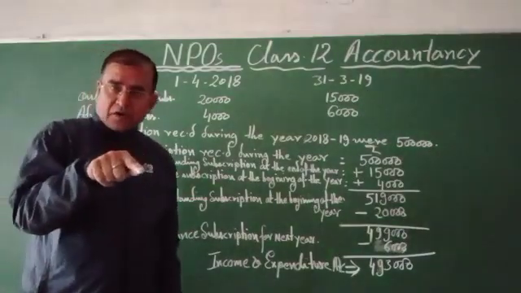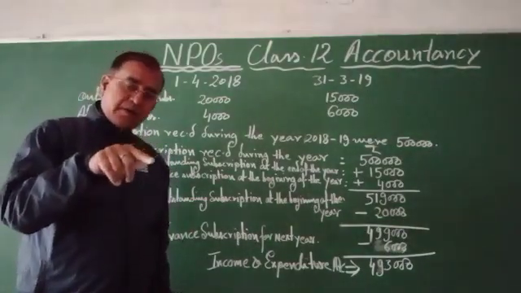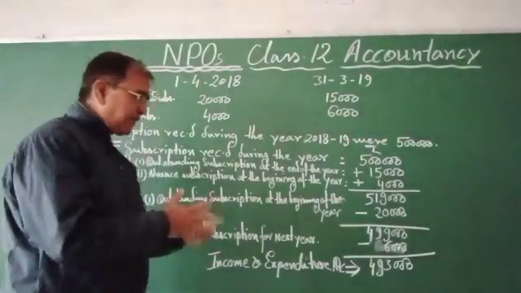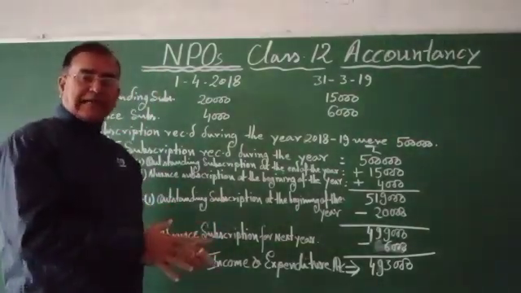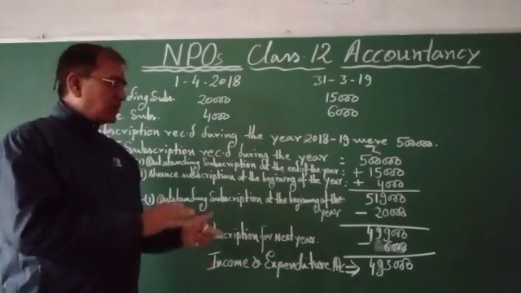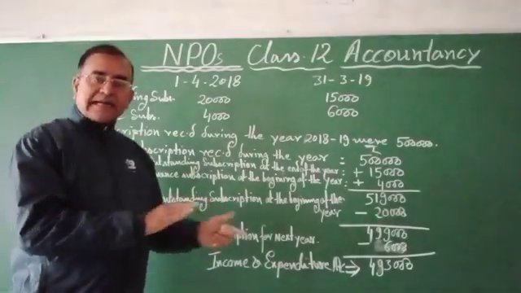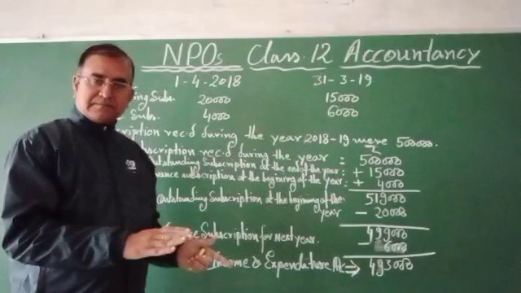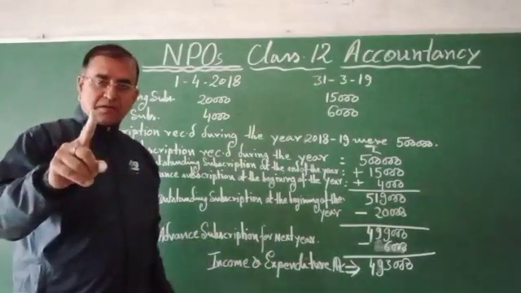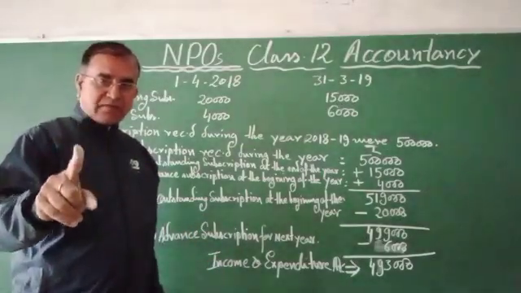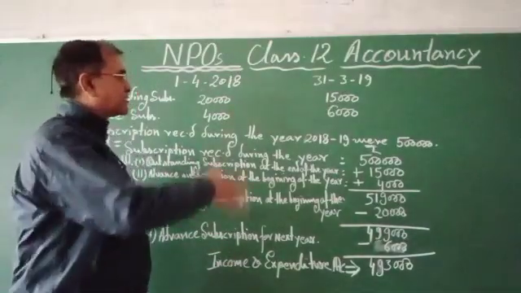Go through the information given. The information will tell you how to deal with such items that are deducted or added to the subscriptions. Again, I am going to explain this one.